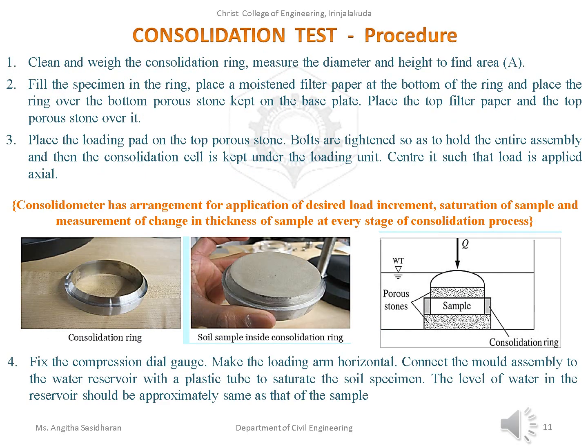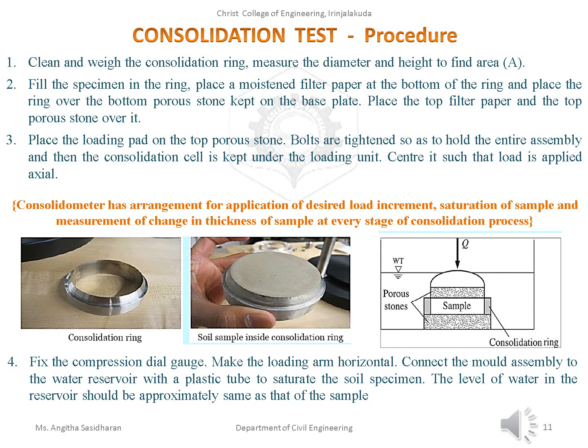Let's see what the procedure for the consolidation test is. First, we have to take the consolidation ring, clean it, take its weight, and measure the diameter and height of the ring to find out the area. After that, fill the specimen inside the ring, take the base plate, and keep a porous stone over that. That is the bottom porous stone.